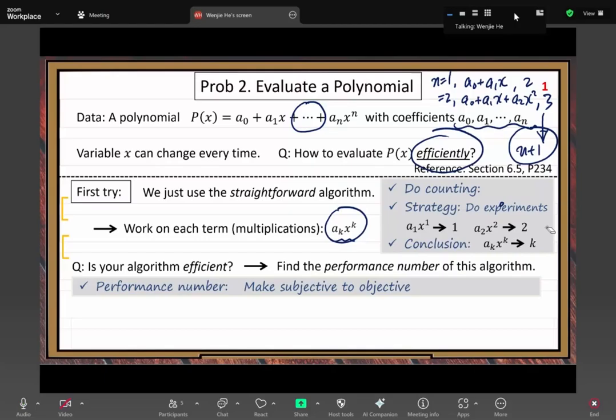When you run the program, you use the execution time to tell if it's fast or not. So the first candidate in our mind is the execution time. But is it a good measure or not?